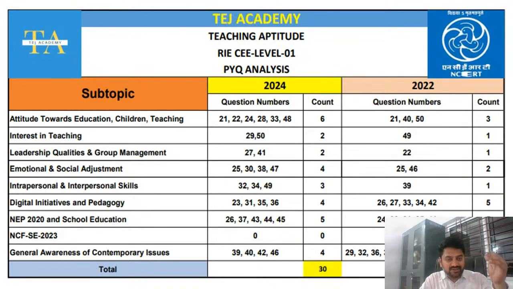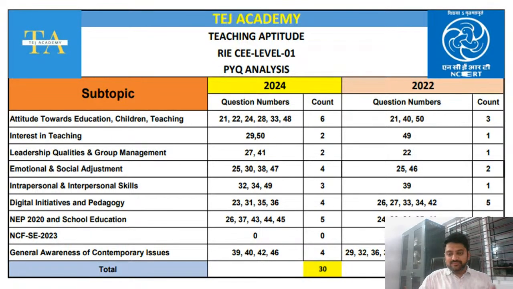These are the subtopics and the number of questions given during 2024 and 2022. We also did the 2018 and 2019 papers, but we did not include them on the screen since the latest syllabus has been introduced from 2022. I hope this will be most useful for you.